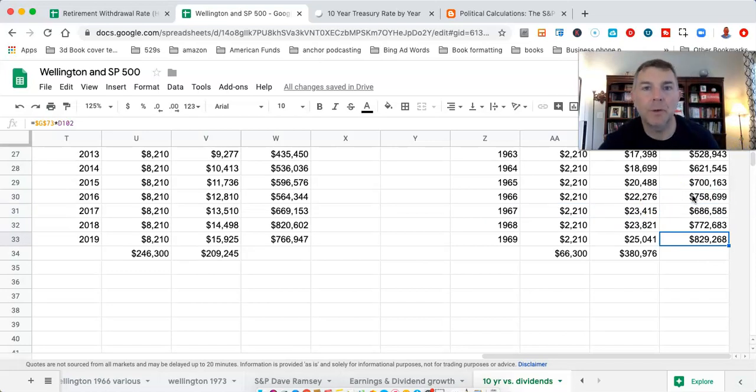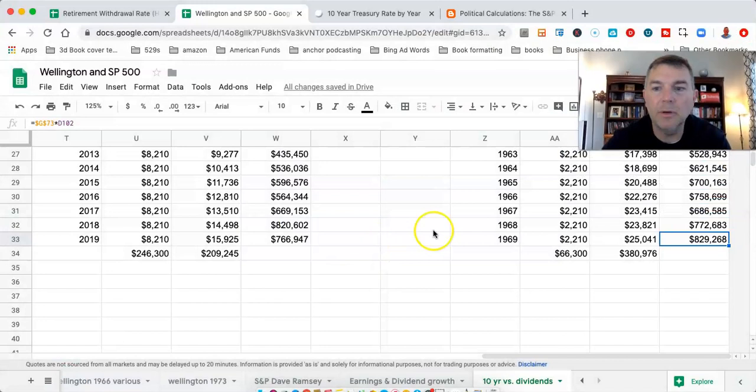The value of the 10-year Treasury proxy was $100,000. So we made 380 plus 830 minus 66 minus 100. We made $1.04 million more than the bonds did.